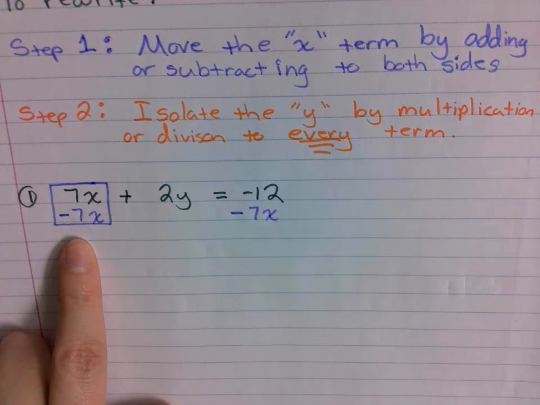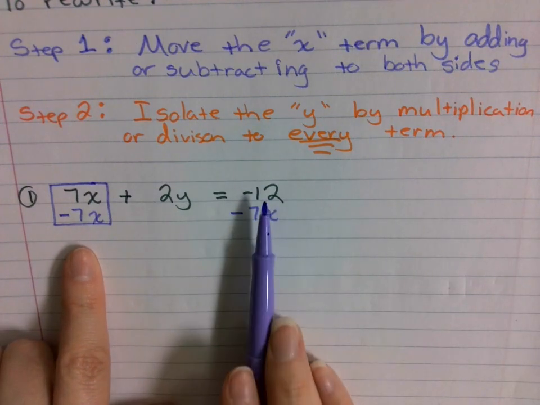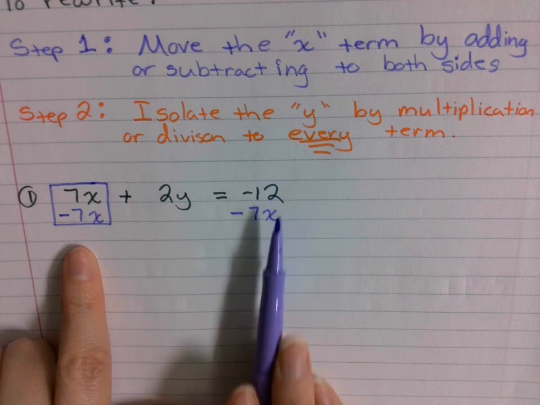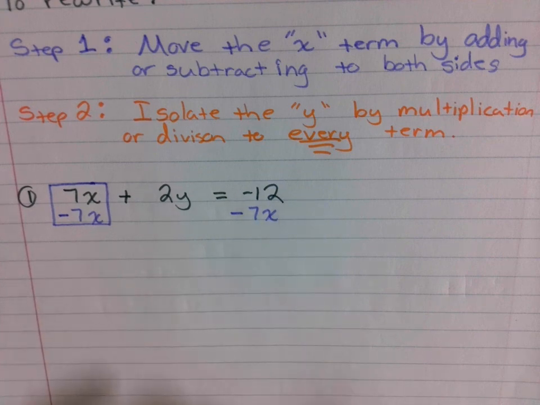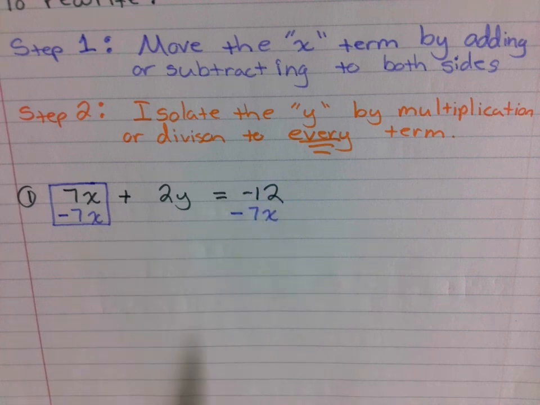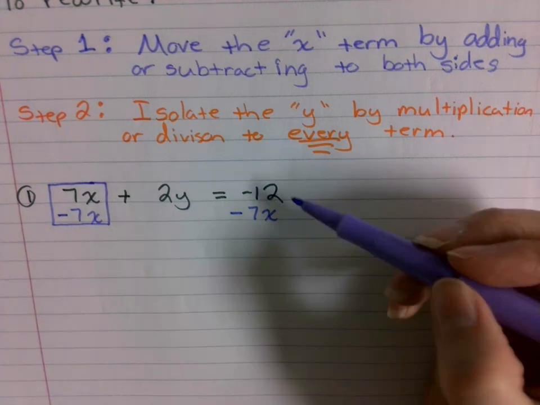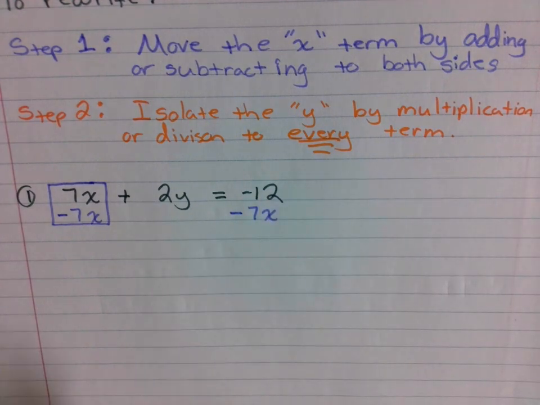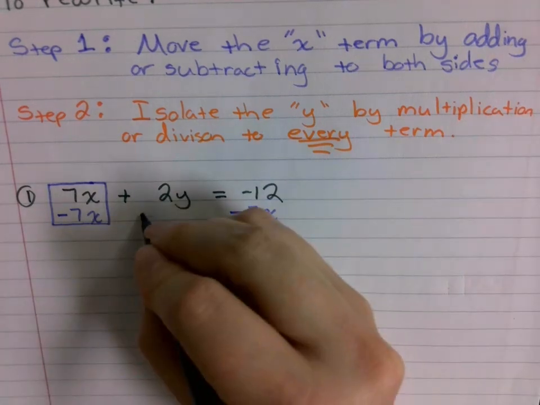Now keep in mind, negative 12 minus 7x cannot be combined because they are not like terms. You cannot go, oh, negative 12 minus 7 is negative 19, so I have negative 19x. No, you don't. What you have is negative 12 minus 7x. You cannot combine these through addition or subtraction because one of them is a variable and the other is a constant. Okay? All right, by doing this, we bring down what's remaining.